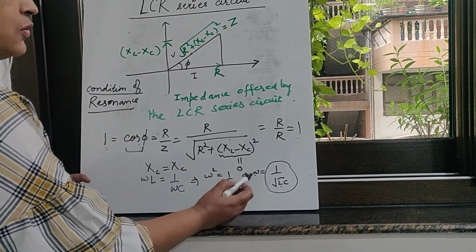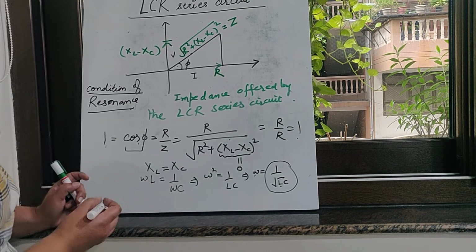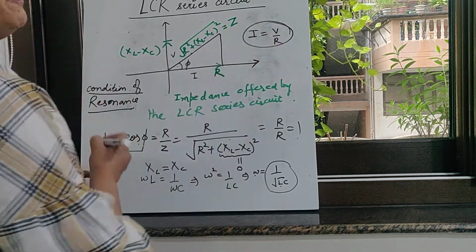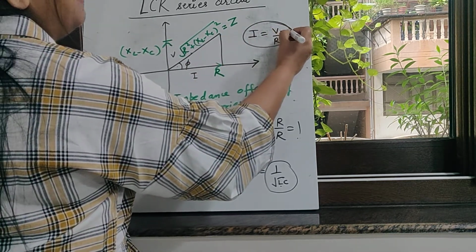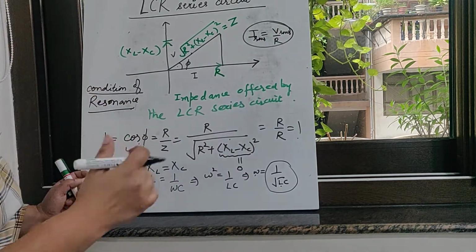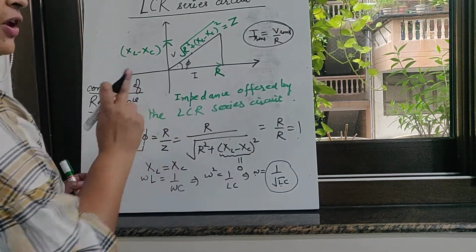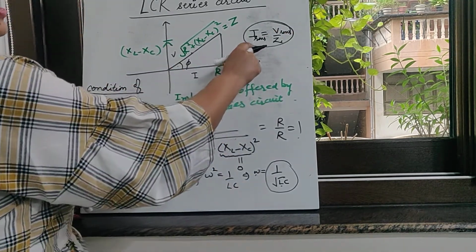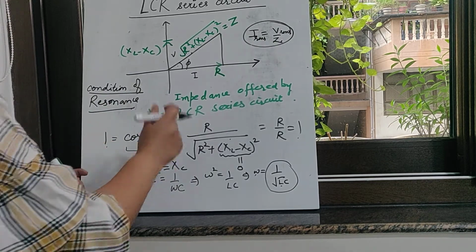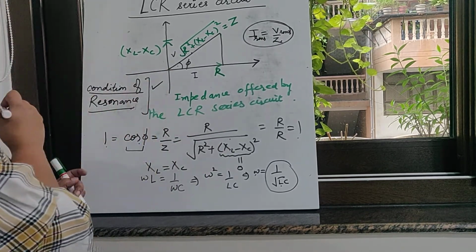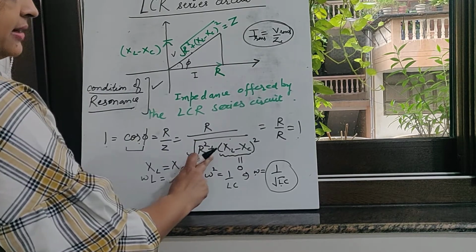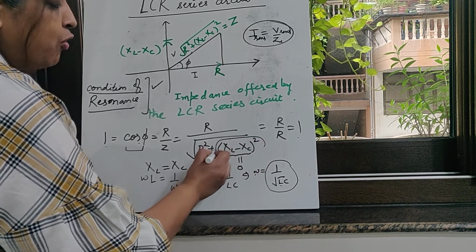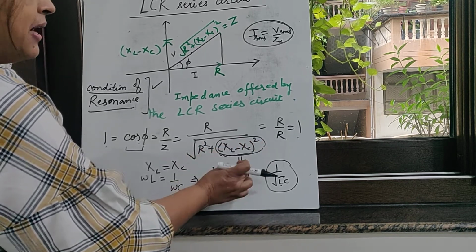So what is the condition of resonance? Omega is 1 by root LC. And what will happen to the current? We know current is always voltage upon resistance by Ohm's law. Here we have I RMS equal to V RMS divided by R, which is the resistance offered by the circuit. If we have taken an LCR circuit, then our resistance will be equal to the impedance Z. So I RMS will be equal to V RMS by Z. But at the condition of resonance, our impedance Z will become minimum, because one of the factors which was adding into R has been made 0.